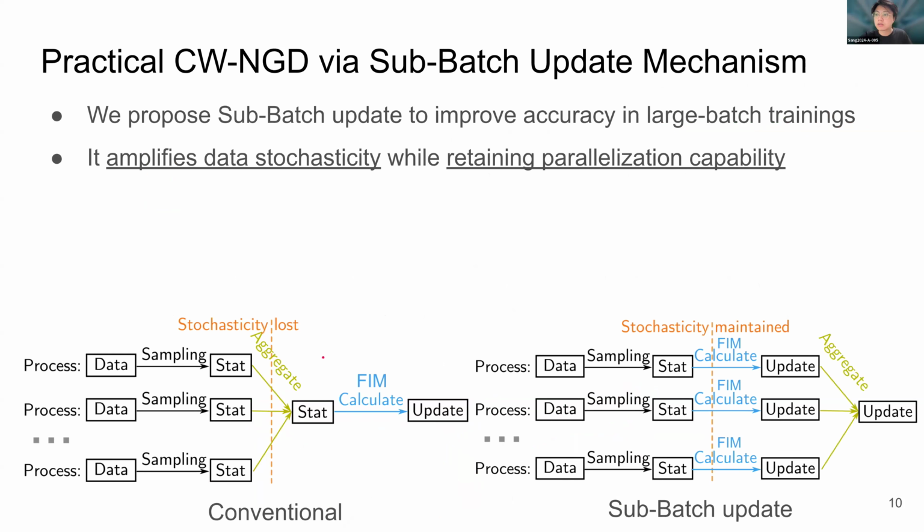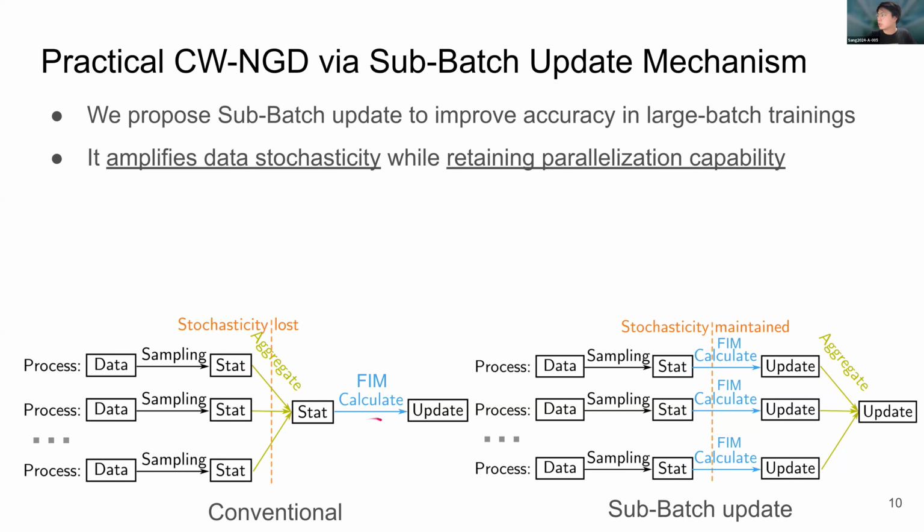So okay, let me summarize. In general, when we separate the data across processes, each process calculates the statistic. The statistic here is a gradient. It aggregates the gradients, then calculates the Fisher information matrix and the update in the master process.